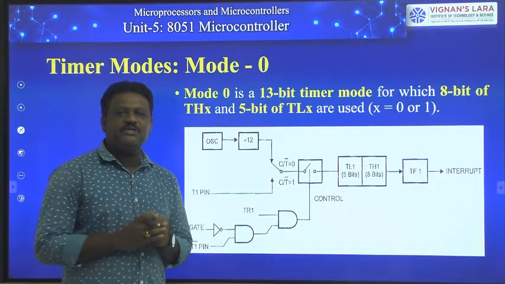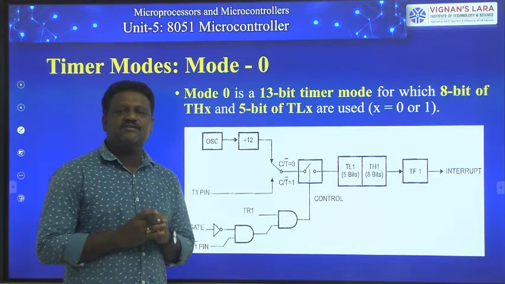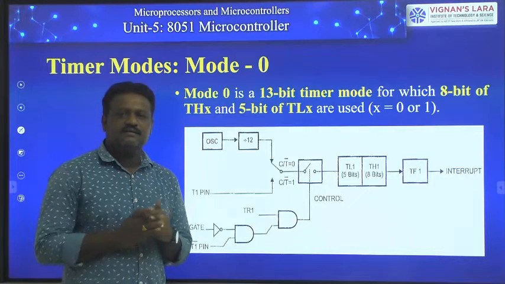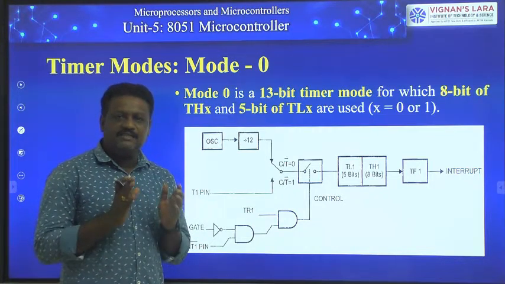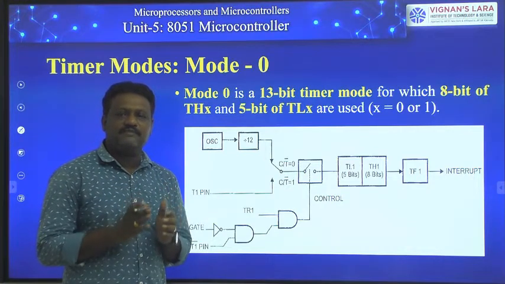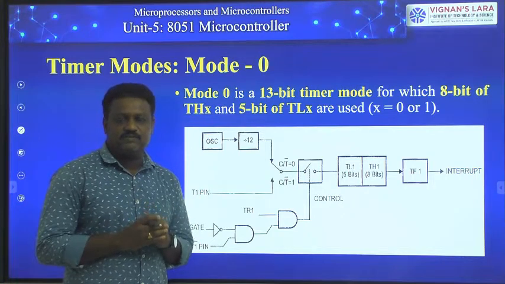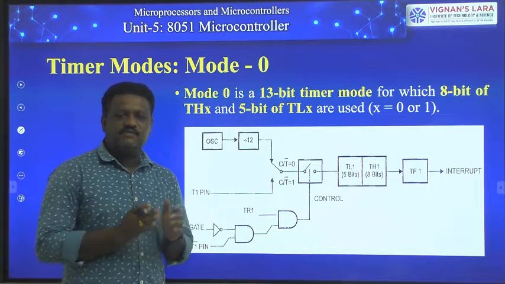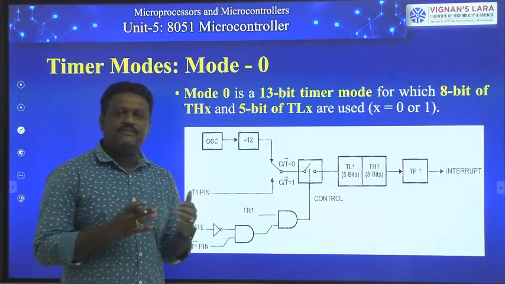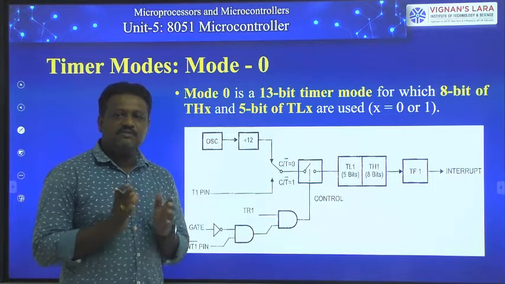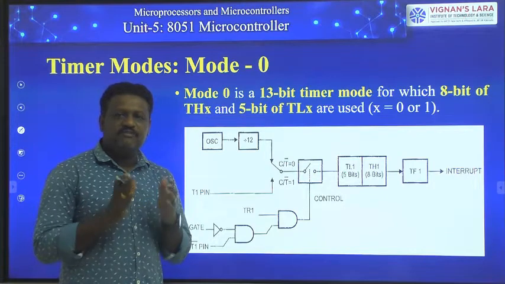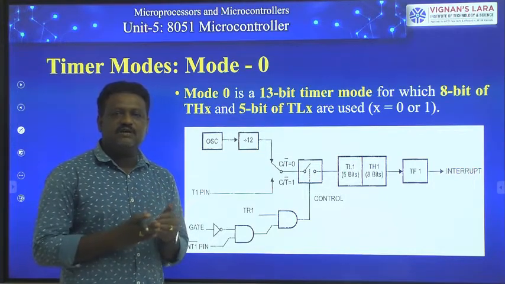For internal operations of the 8051 microcontroller, T1 or T0 acts as a timer. At that time, those timer circuits get the clock pulses from the internal oscillator circuit. The same circuits act as event counters for external operations. At that time, those circuits get the clock signals from external devices with the help of port 3 signals T0 and T1.